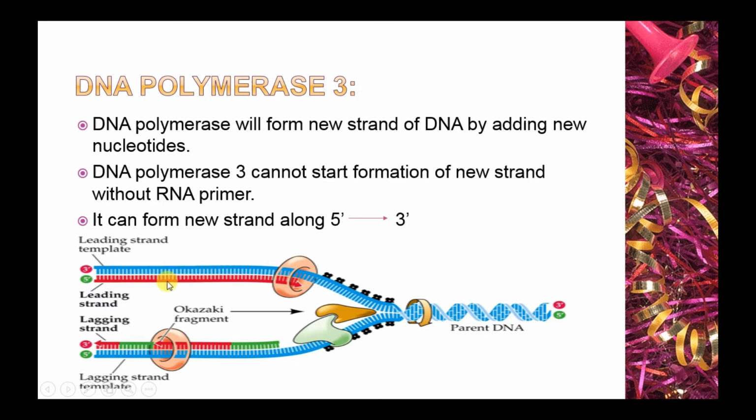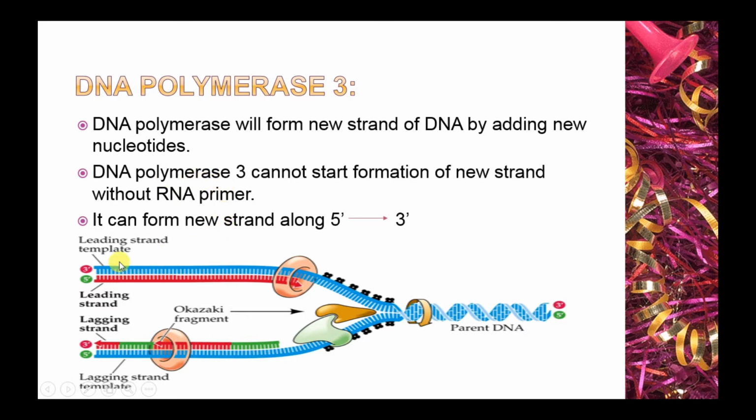Now, what does DNA polymerase do? DNA polymerase will form a new strand of DNA by adding new nucleotides, and it will always start its work from the RNA primer. It cannot synthesize a new strand of DNA without an RNA primer.